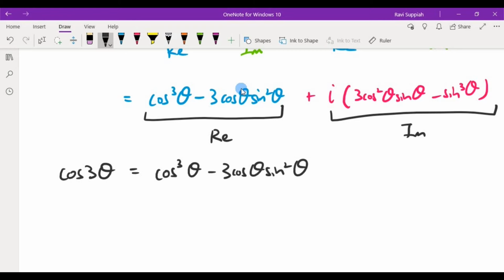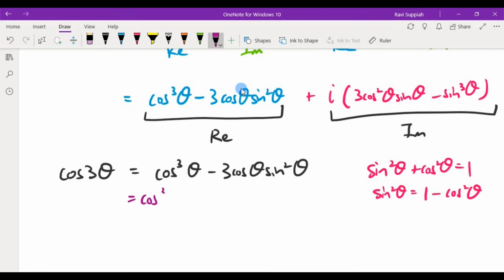The expression we want to prove only has cos terms, but here we also have a sine term. So this is where we need to remember another trigonometric identity, which says that sine square theta plus cosine square theta is equal to 1. This is one of our known trigo identities. That means sine square theta is equal to 1 minus cosine square theta. So over here, what we can write next is cosine cube theta minus 3 cos theta, and sine square theta will be replaced with 1 minus cosine square theta.